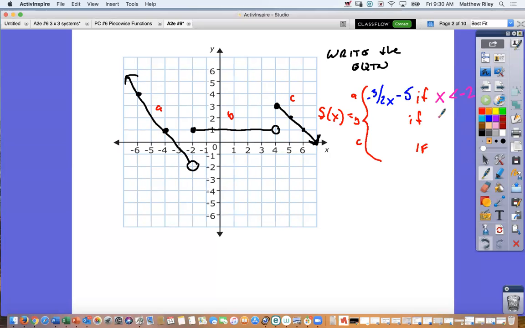That's exactly right. The next one, my slope is 0, so it's not changing. So it's a constant. So this value is 1. That's just going to be 1 as long as, and this is the one that throws people off, x is between what two values? -2 and 4.